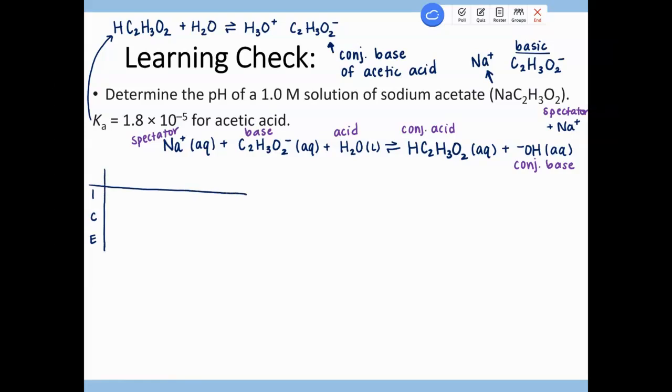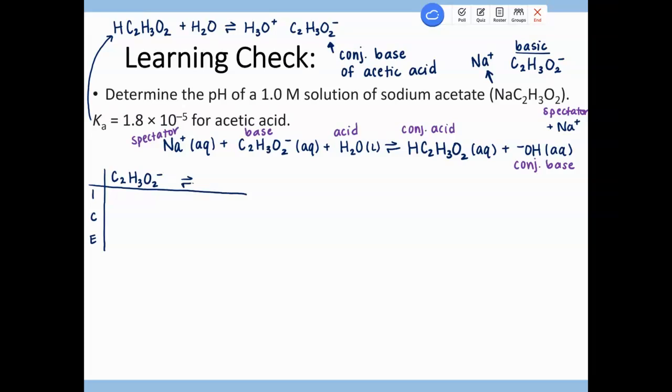Now, normally when I write out the ice table, I include everything in the reaction equation. I'm going to keep it simple. We're going to ignore the spectator ion. That doesn't do anything. And I'm going to remove water from the ice table because that also doesn't influence equilibrium. When I have included water, we just don't add anything to that column. So I'm just not going to add it this time. But we need everything else.